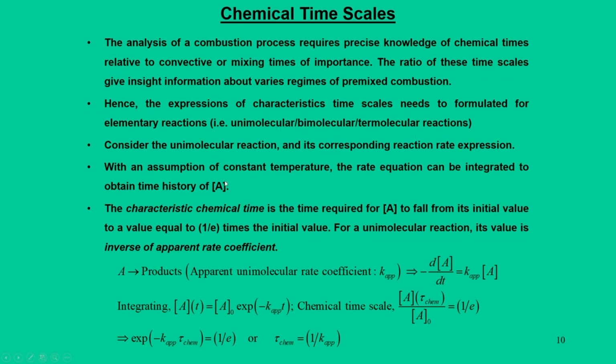Let us start with the assumption that we are looking at a unimolecular reaction. When I say unimolecular reaction, element A gives the products with its apparent molecular rate coefficient k apparent.